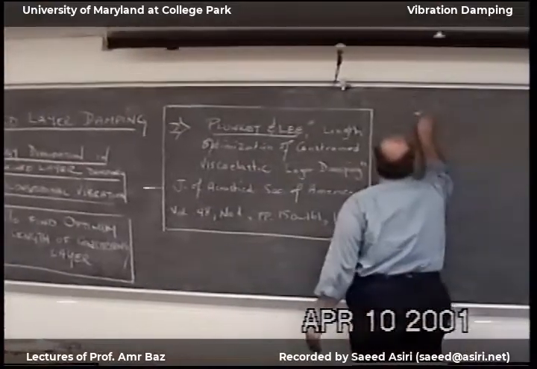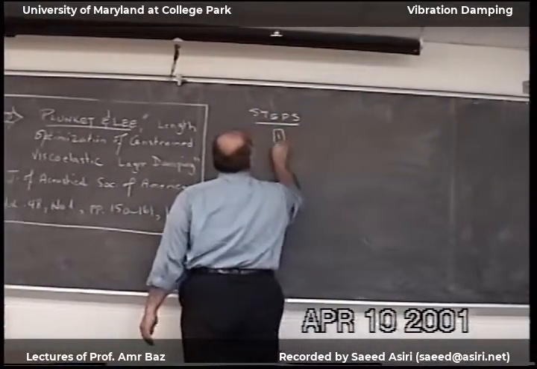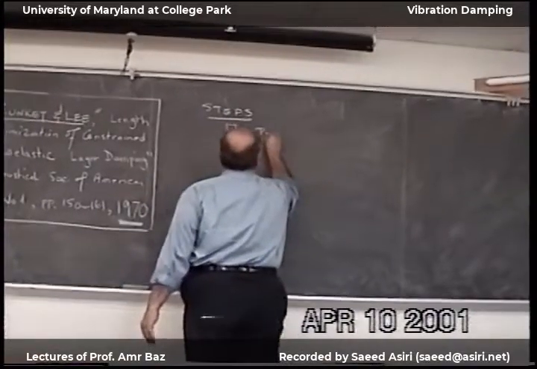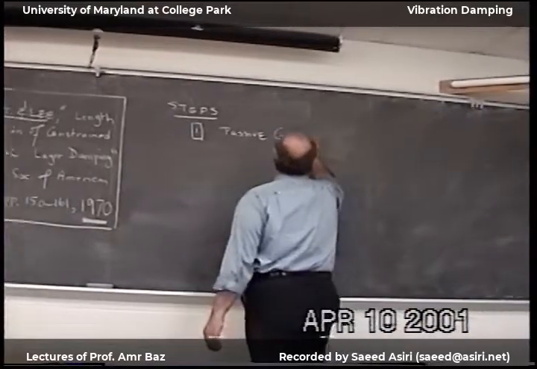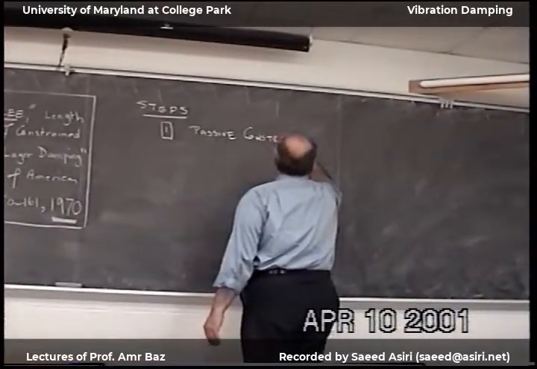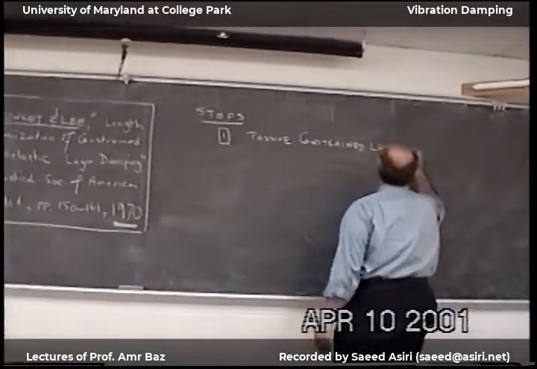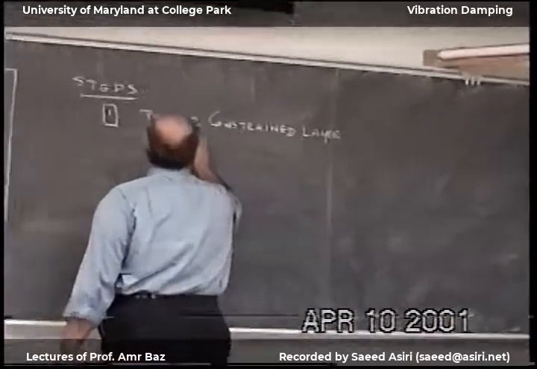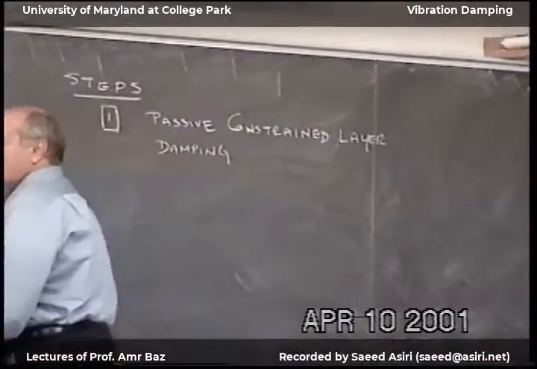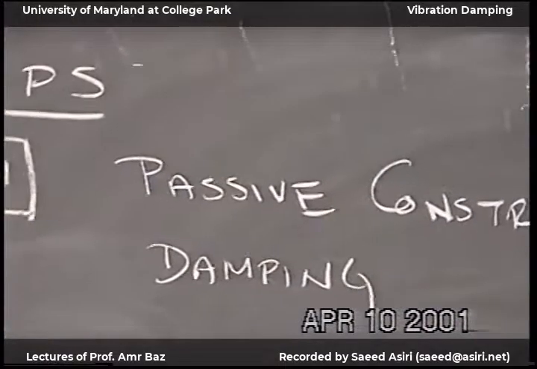So the steps now that we will do: number 1, passive constrained layer damping. And the abbreviation is PCLD.